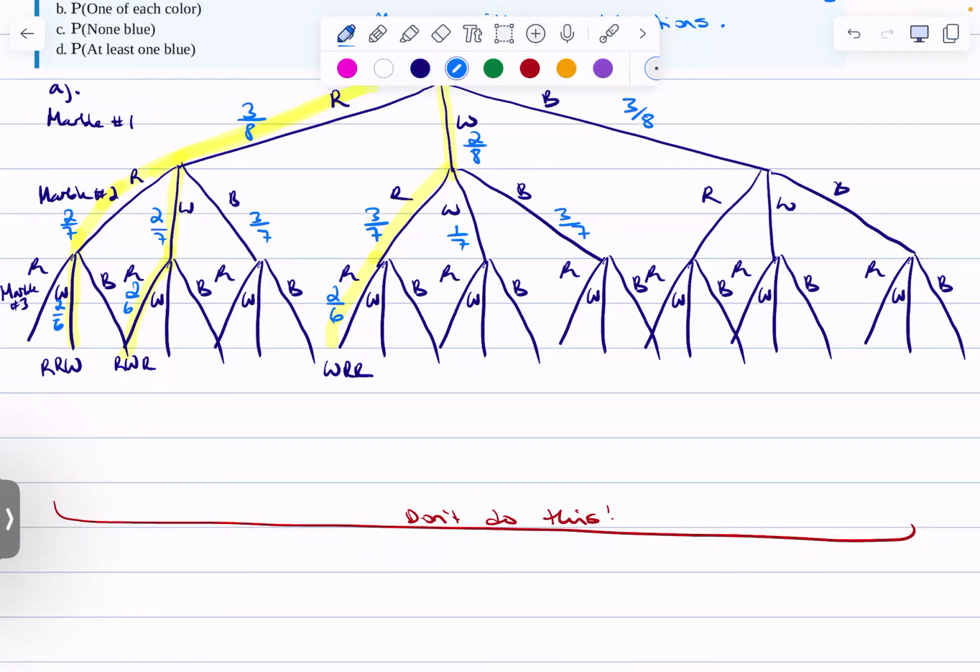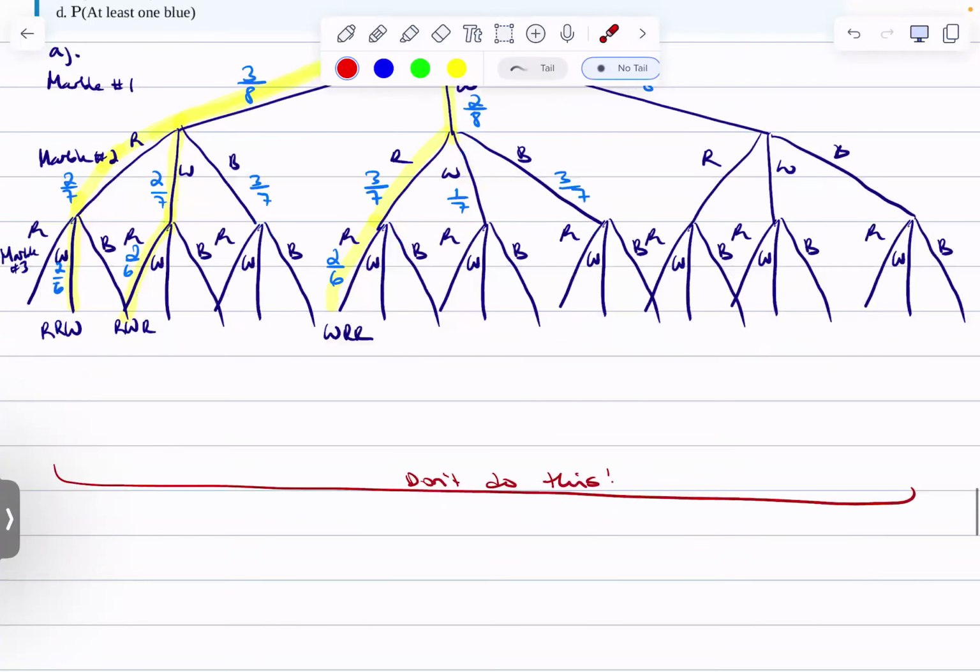Below each, I can find the probabilities, 3/8 by multiplying down each branch and all the way to the very end. And so 3/8 times 2/7 times 2/6, rounding to 4 decimal places, 0.0357.